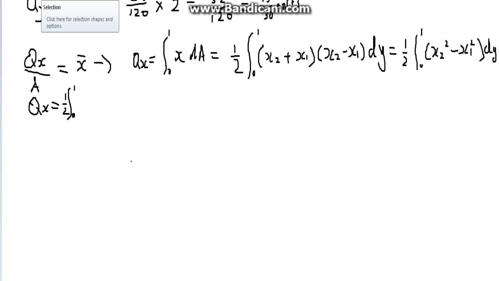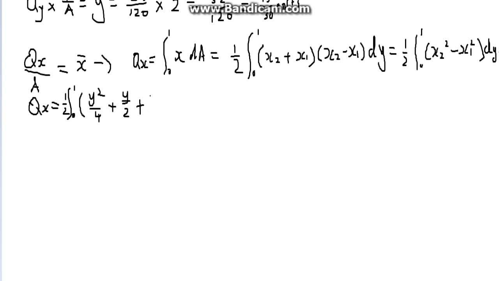Okay, because we have to square it, things change slightly. So I'm just going to quickly jump a few steps ahead and square it myself, and I would get y to the power of 2 divided by 4 plus y over 2 plus 1 over 4 subtracts y to the power of 6, the whole thing in brackets, dy.